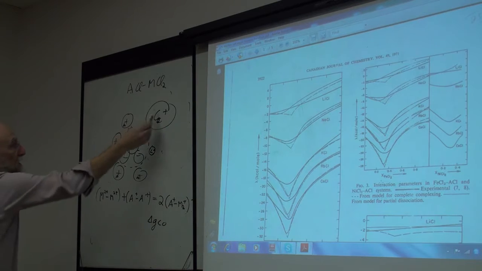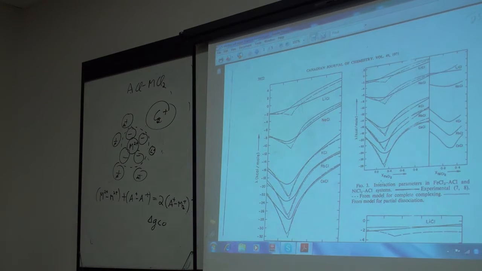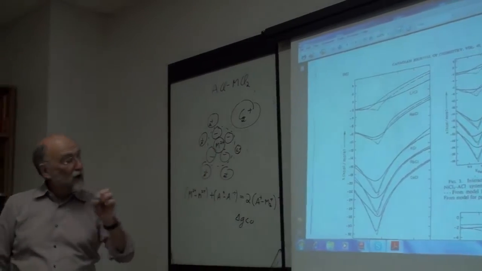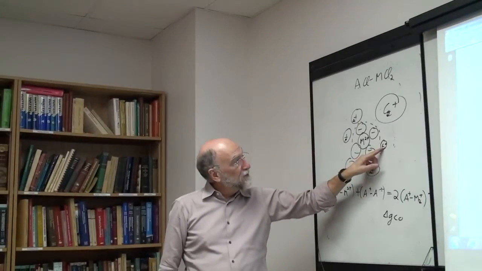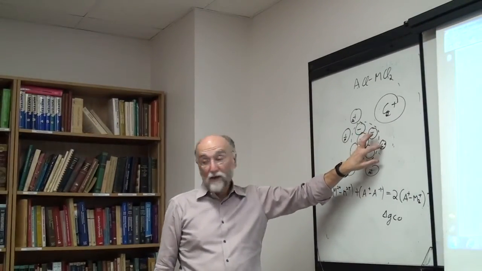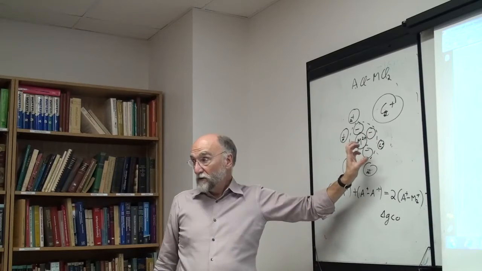Now remember, the second nearest neighbor interaction is a repulsive interaction. These are both positive ions, so we're trying to minimize the repulsive interactions. The divalent ion, say magnesium or cobalt, 2+, is a small ion. If you put another magnesium 2+ here, they're close together, and this is quite a strong repulsive interaction.